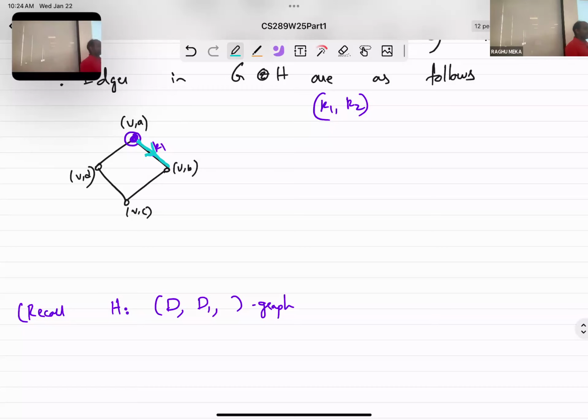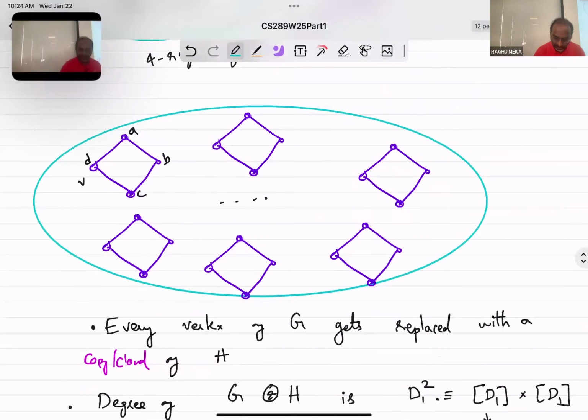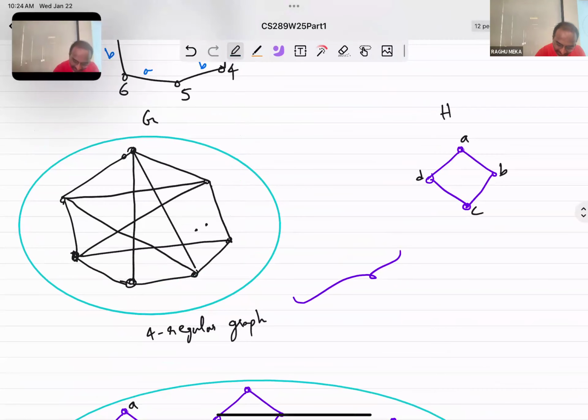So there is a correspondence between vertices in H and edges coming out of vertices in G, right? So if you go back here, this is a little bit like saying, maybe I label this A, B, C, D, because this is degree 4, which is also the number of vertices. So there is a correspondence between the edges in this graph and vertices in H, okay?